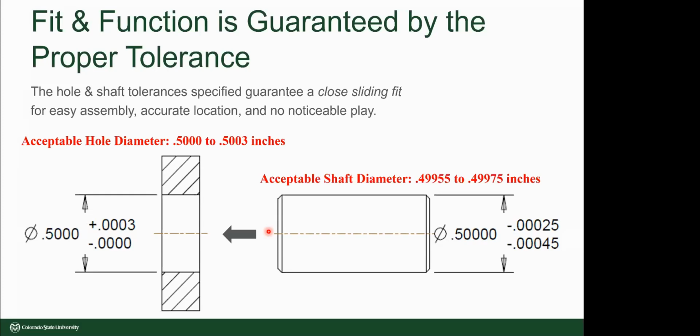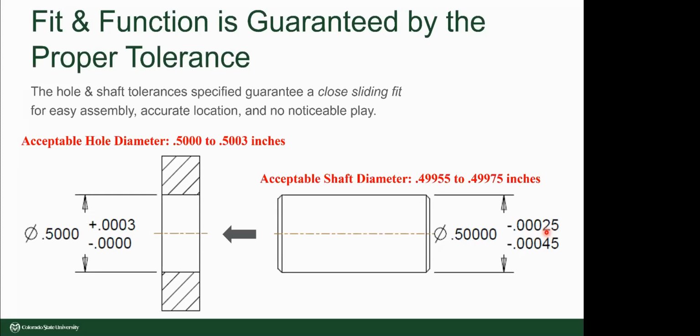Fit means the degree of tightness between mating parts, how tightly mated they become. And there are standards that exist for different types of fits that you might want to achieve. Shown here are the selected tolerances based on a fit standard that I would normally teach you in this class, but we just don't have time to go into it in this lesson.